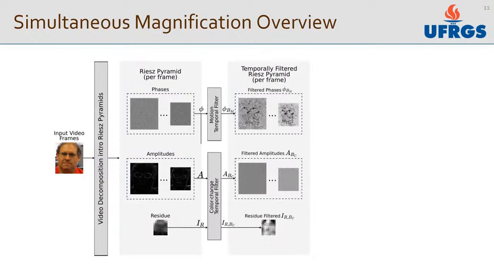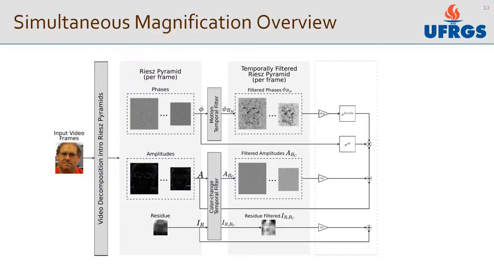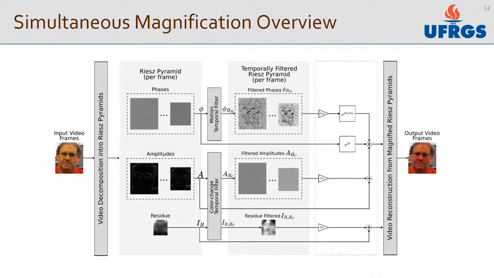The phases, amplitudes, and residues then undergo a temporal filter which selects the signals of interest. These filtered signals are then used so that amplified versions of the phase, amplitude, and residue can be obtained. Finally, the frames are reconstructed using these amplified values, resulting in a video where only the signals of interest were magnified.